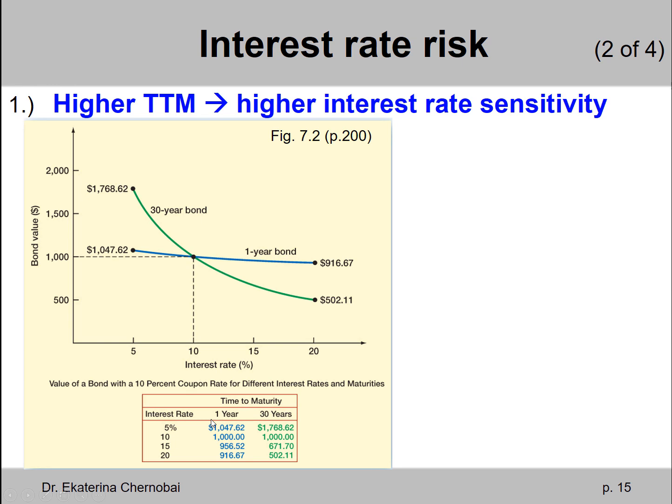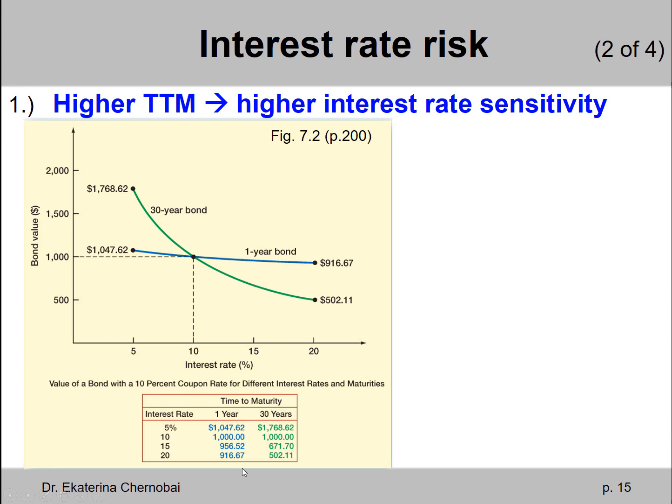When you do that, you will be getting new numbers for the bond values. If you plot the results on this figure, you would get these two lines, the blue line and the green line. The blue line for the 1-year bond, which is almost flat, and the green line for the 30-year bond, which is a lot steeper. It comes from the calculations that you can actually try doing yourself.